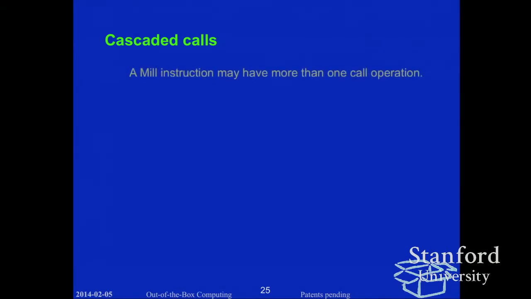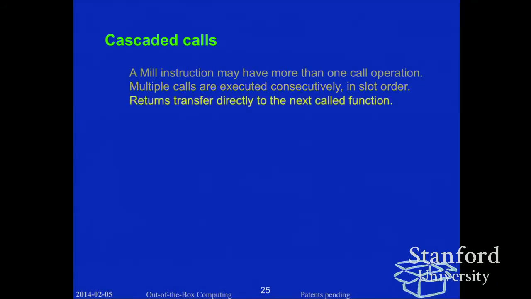Well, what happens if you have more than one call? That works in ML. Multiple calls are executed consecutively in an order defined by the encoding order. And the returns from one call return directly into the next called function, not back to the original instruction. So if there's a piece of code where we have nested calls, the machine code will be add, call, call, store.